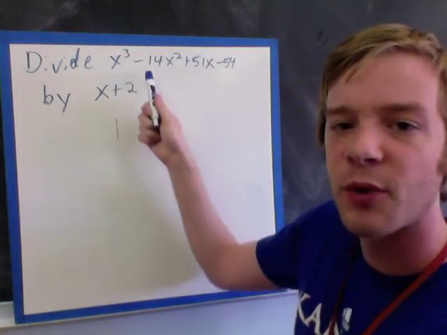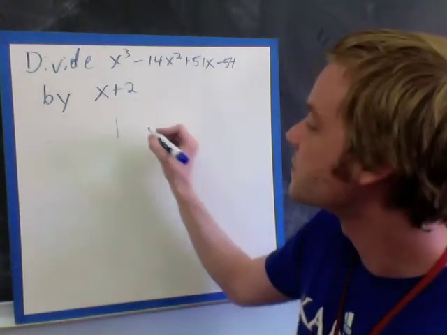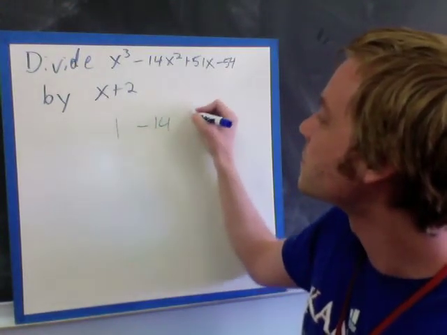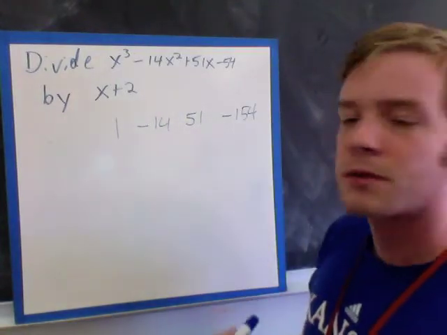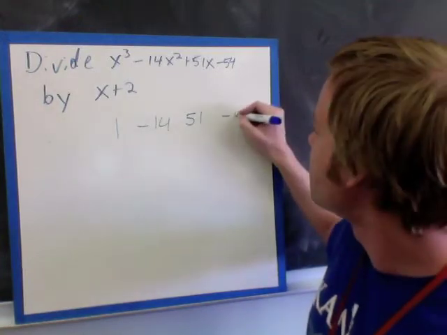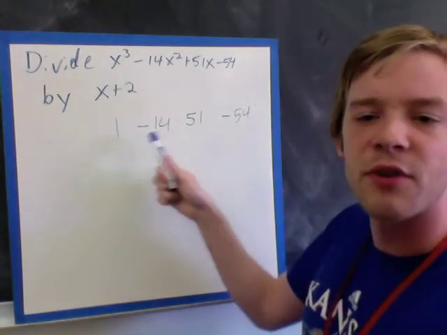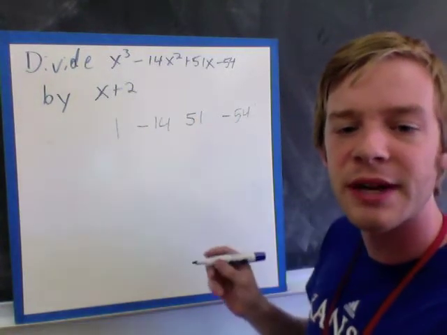Then we have negative 14, 51, and negative 54 for our other coefficients. These are the coefficients of the first polynomial we had.